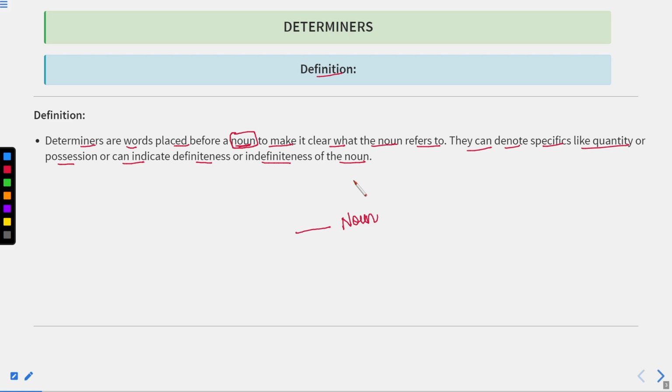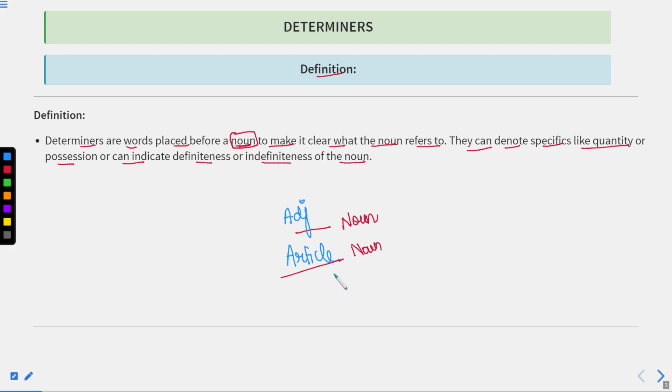Now, if you see these words, you must have an idea that we have heard about these words before as well. If we talk about any word like adjective, obviously, which word qualifies a noun? Adjective qualifies a noun. Moreover, we have an article that again qualifies a noun. So there are various words that can qualify a noun, and we have already heard them, and their names are adjective and article.